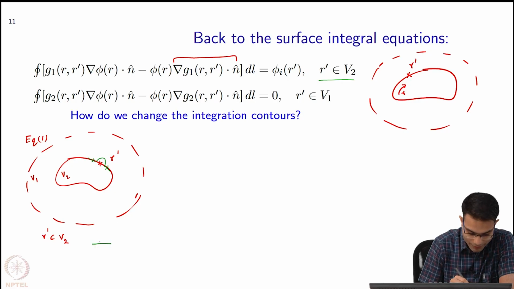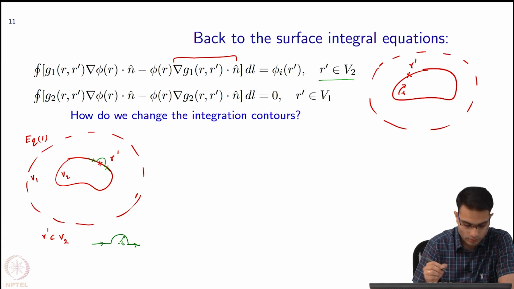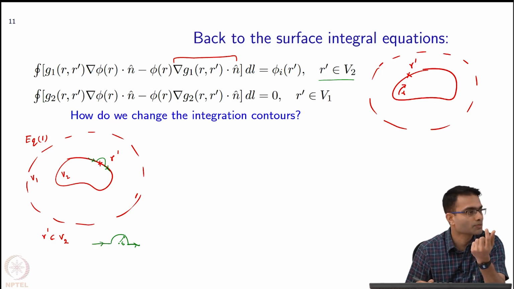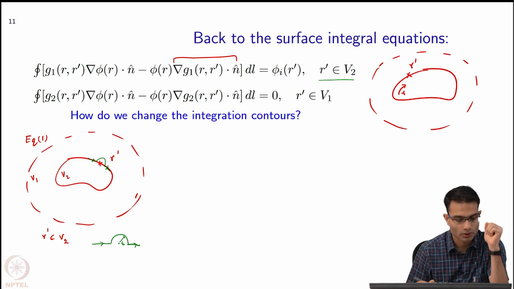What I am doing is something like this. It is a very small circle, the radius of which is epsilon, and epsilon is tending to 0. So, in the limit I have not really changed the surface. I am going to take the limit epsilon tending to 0.